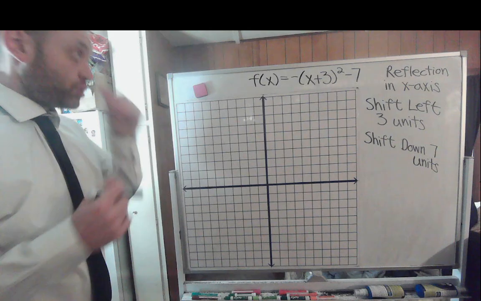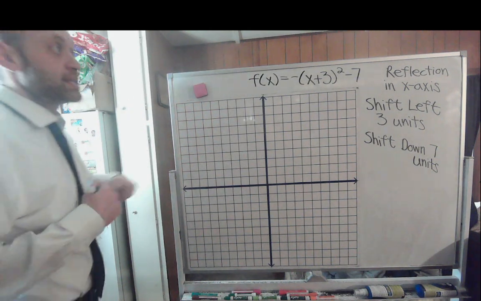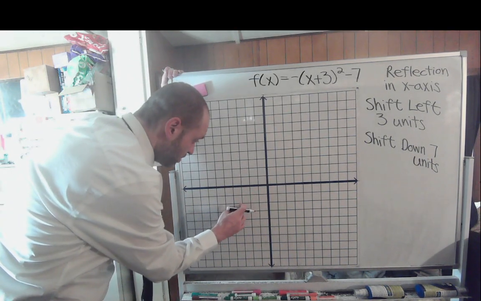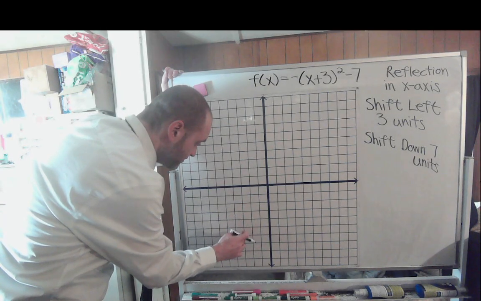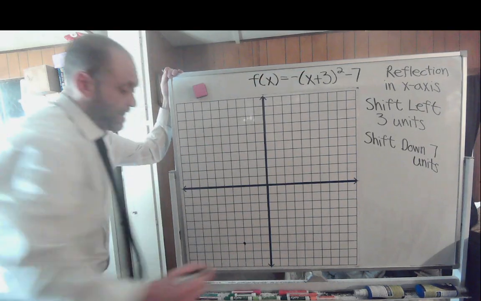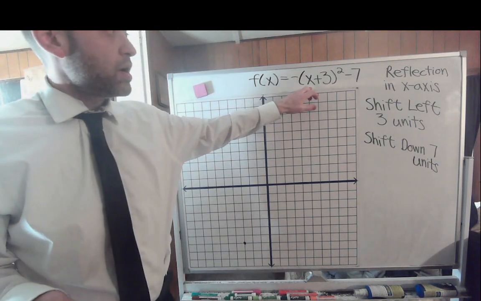So now let's put all this together here. So your vertex should be at the point negative 3, negative 7. There should be the vertex of the graph. Now, let's say I put in negative 4.